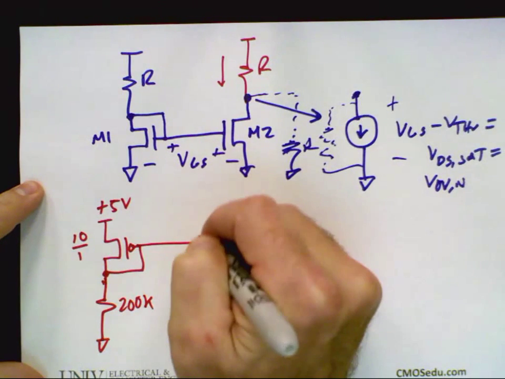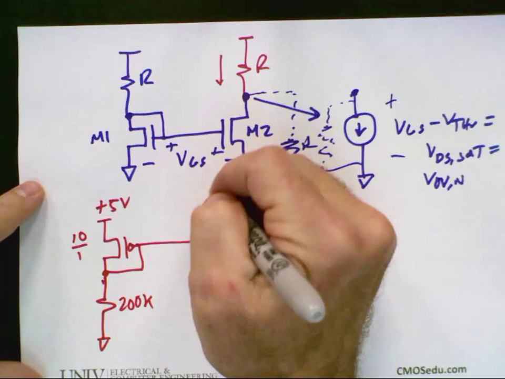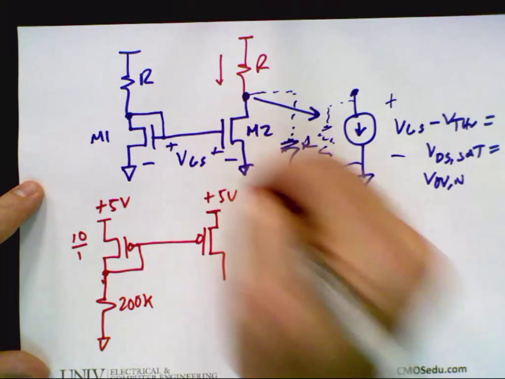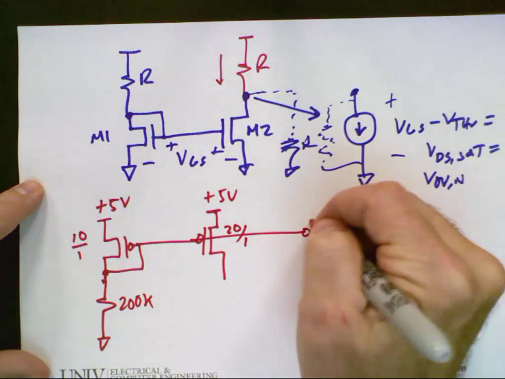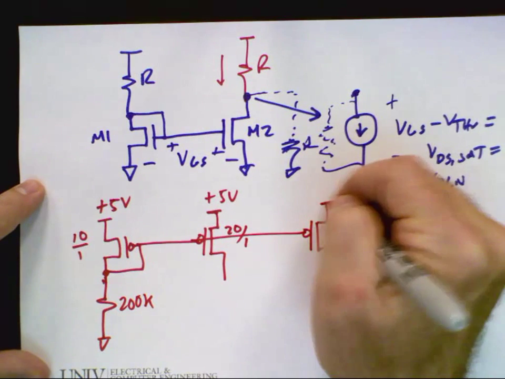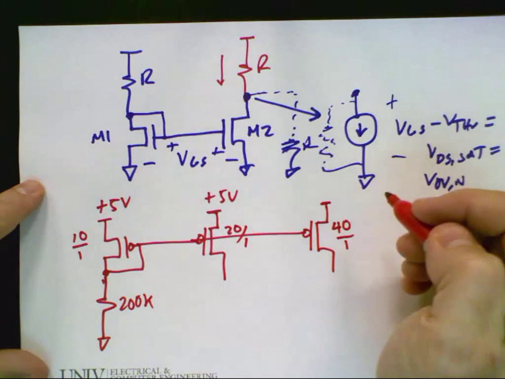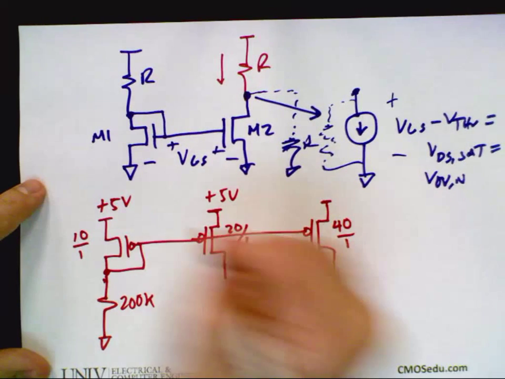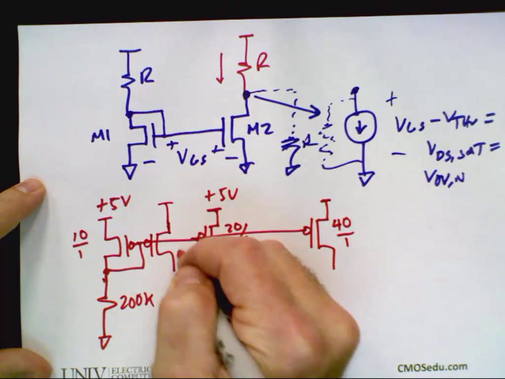Then I go over here and I've got a plus 5 volts, and this is 20 by 1. I go over to the next one. This is 40 by 1, and you know what, actually I'm going to put one more in here of 10 by 1.